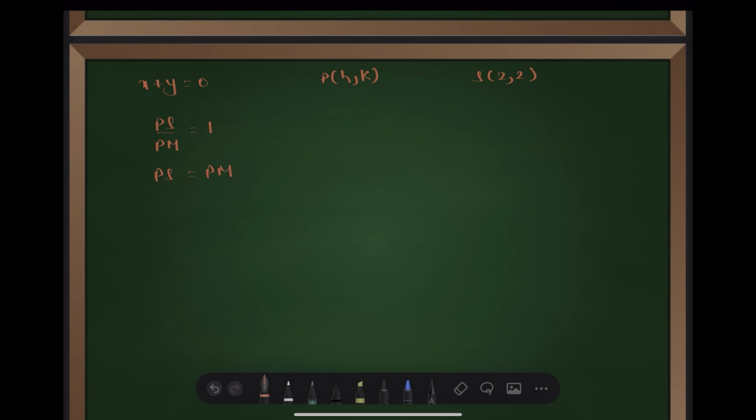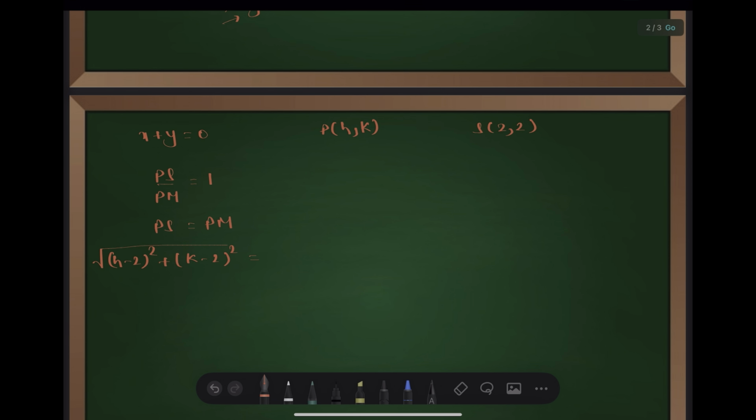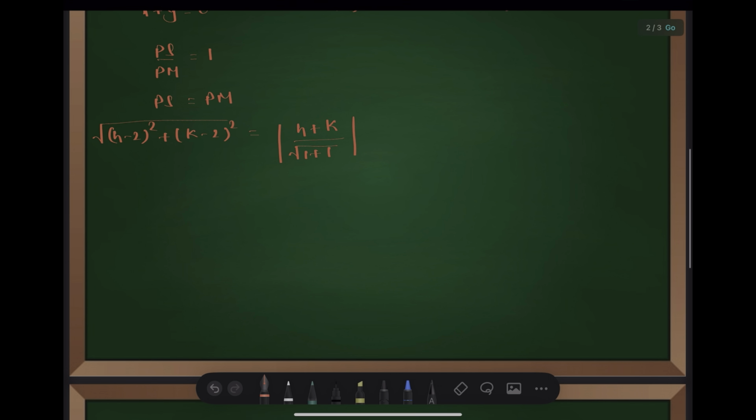Okay, PS is what? Root over (h minus 2) whole squared plus (k minus 2) whole squared. PM is what? The distance of point P from the equation of the directrix, so it is h plus k upon root over a squared plus b squared. Okay, let's open this bracket.